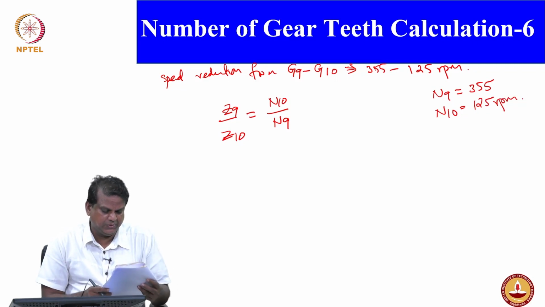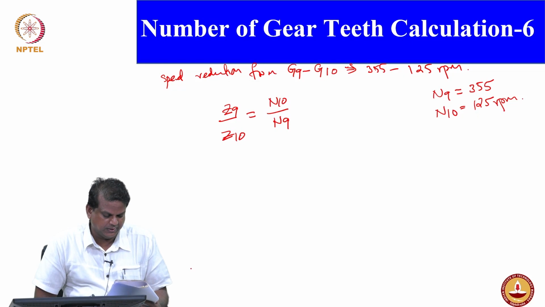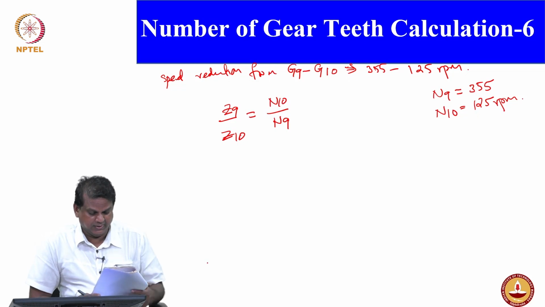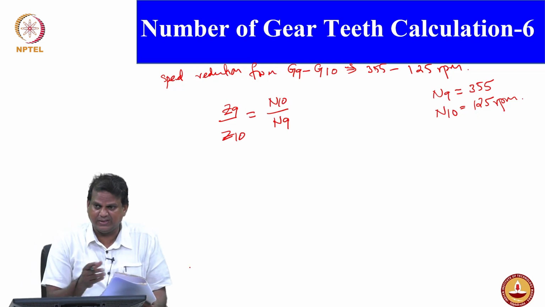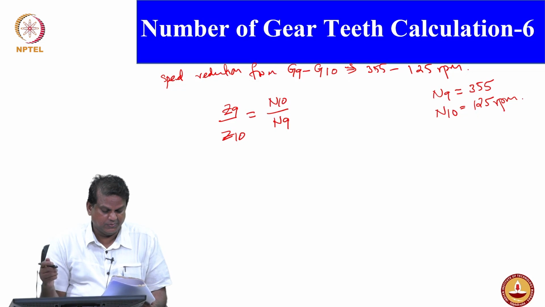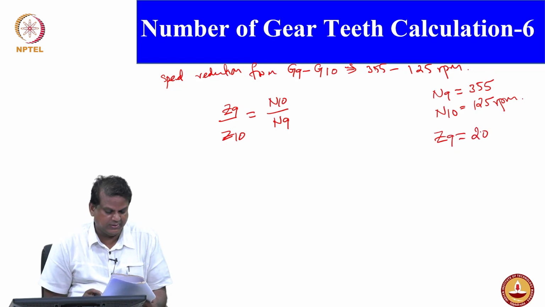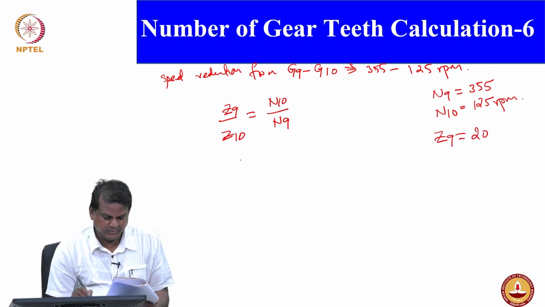I think we need to start again. The earlier statement I gave may not be applicable, because for each stage you need to make an assumption again, because that cannot carry over. So now I am assuming Z9 as 20.